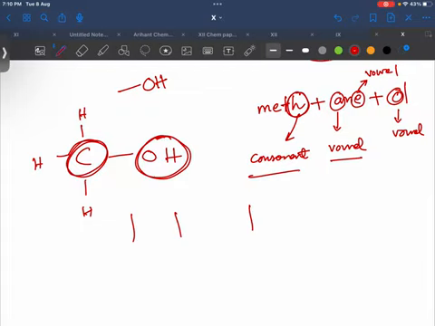समझ में आ रहा है? But a vowel and a vowel cannot stay together. That you need to write down. This you need to remember. A consonant and a vowel can stay together, but a vowel and vowel cannot stay together.